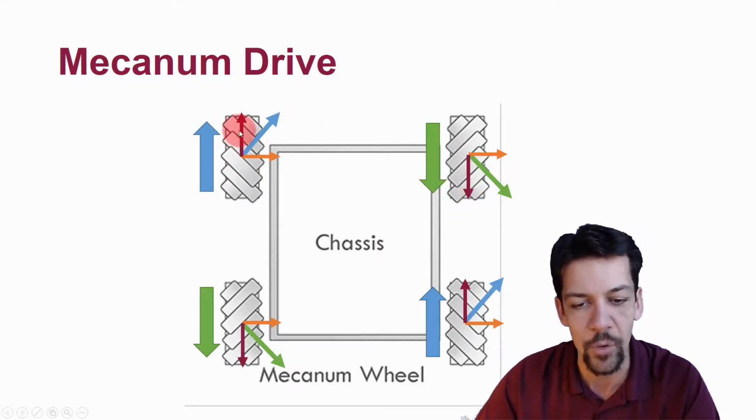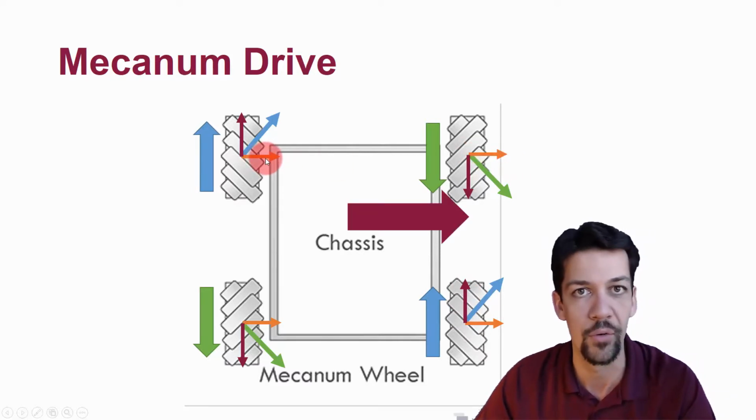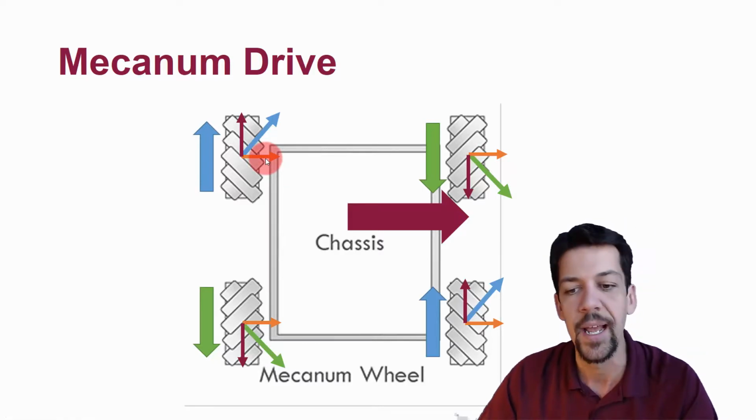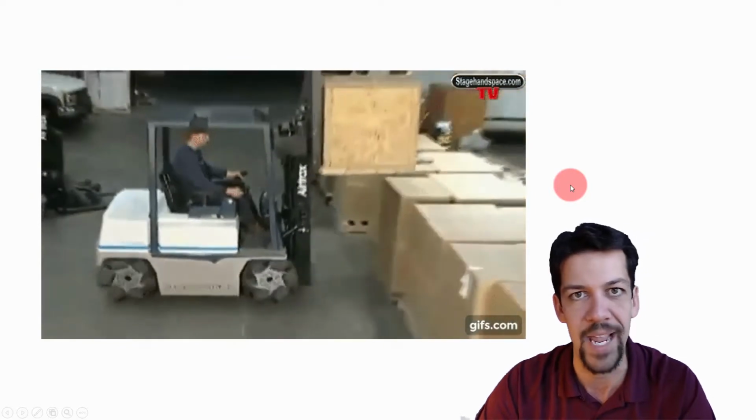So I've got an equal force going forward, an equal force going backwards, and the same on both of the rear wheels, and what's left is these components that are going to the right, and we end up with an overall right traversal trajectory.